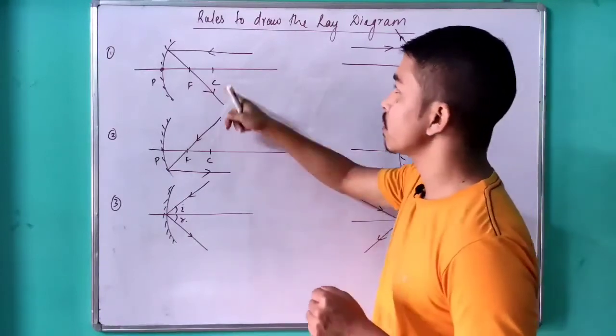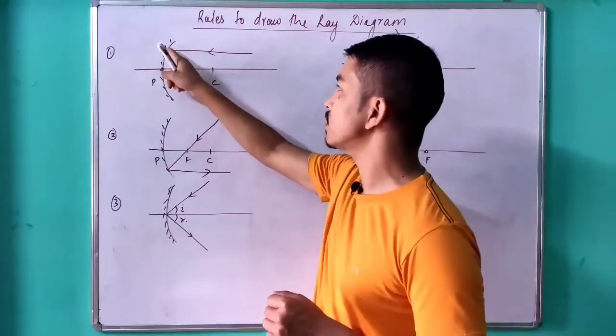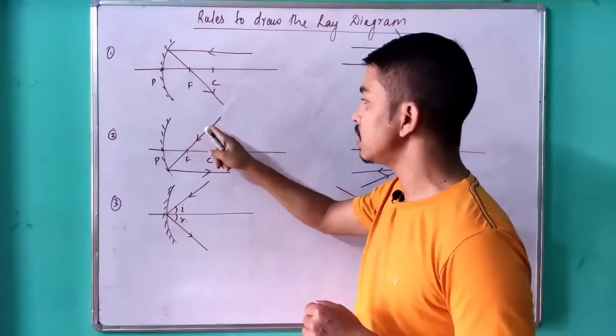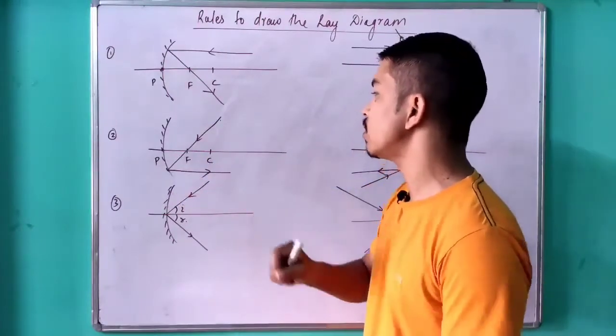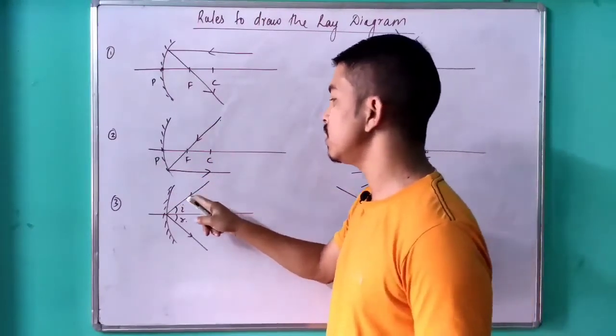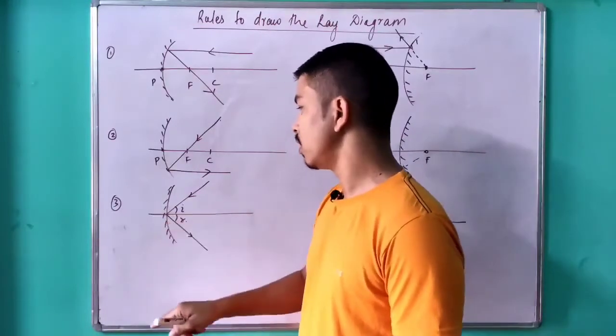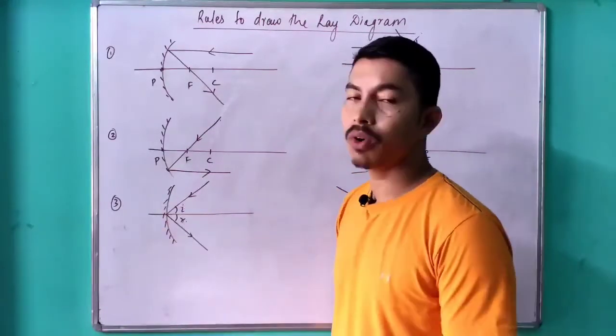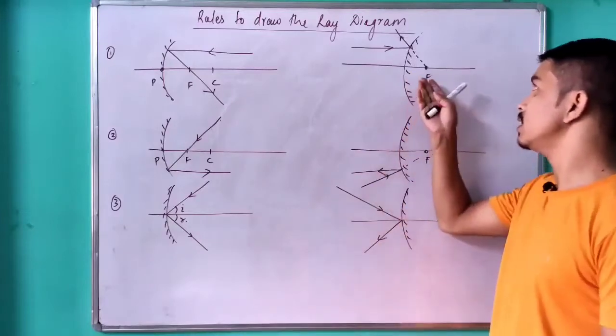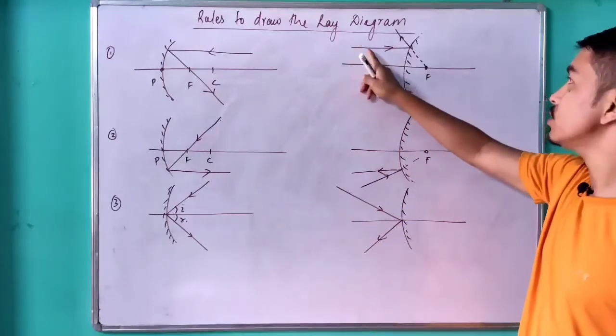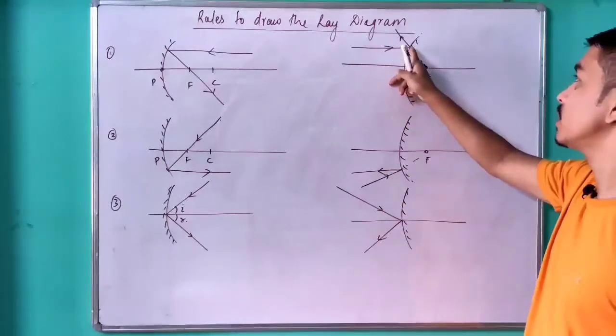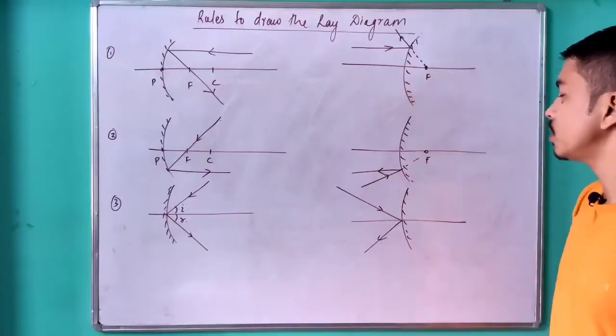Once again I will tell you, if any ray is parallel to the principal axis, it will pass through the focus. If any ray is passing through the focus, it will emerge parallel to the principal axis. If the ray is incident at the pole, then the angle of incidence will be equal to the angle of reflection. And for the convex mirror, if any ray is going parallel to the principal axis, after reflection it will appear as if it was coming from the focus.